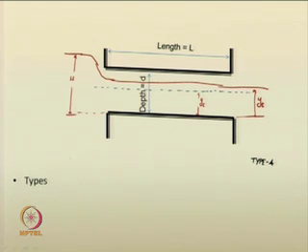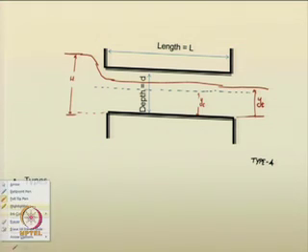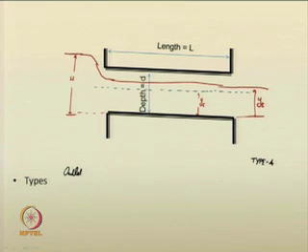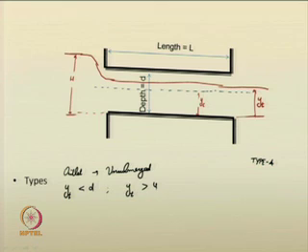What is the peculiarity here? Here also you have outlet as unsubmerged, outlet is unsubmerged. You have the tail water depth less than d, but also the tail water depth is greater than the critical flow inside the culvert.